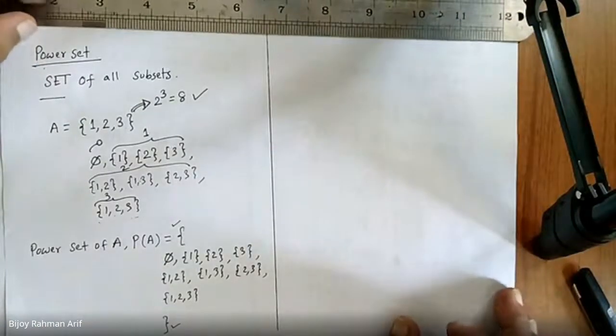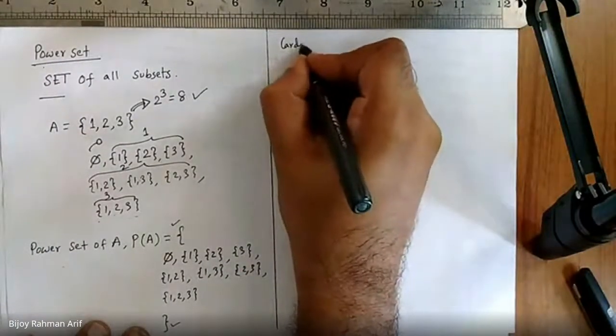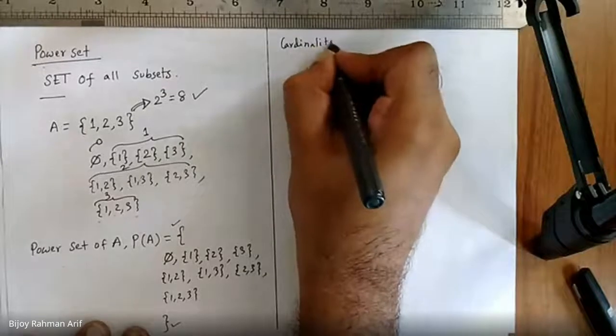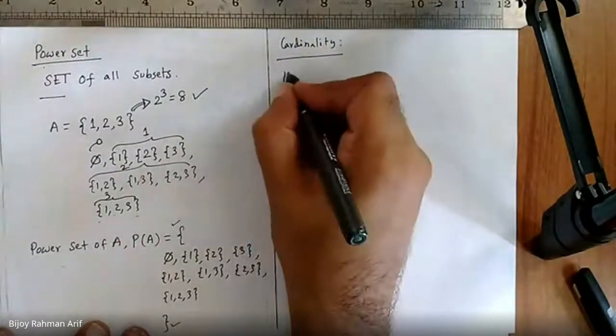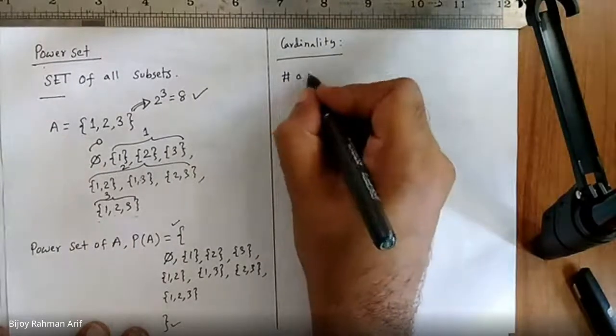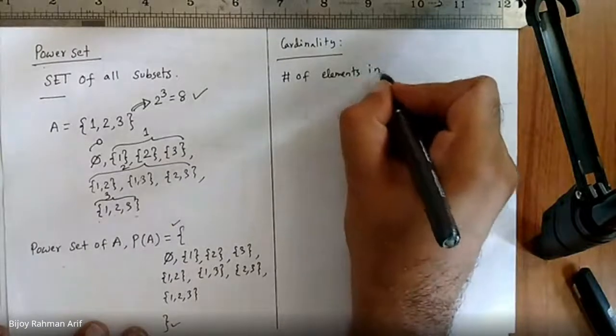Now let's go to another topic, which is called cardinality. Cardinality is nothing but the number of elements in a set.